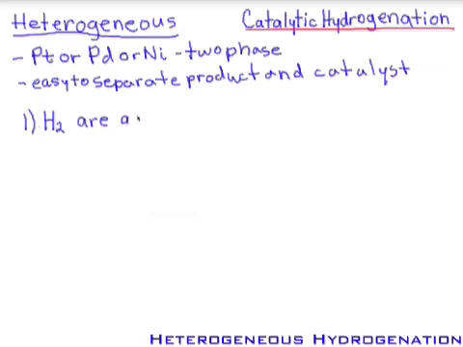Now, we used the term adsorb before in thin layer chromatography experiments. What is the difference between absorb and adsorb? Well, absorb is easily translated as soak up, to draw into. Adsorb means that the H2 molecules adhere to the surface.